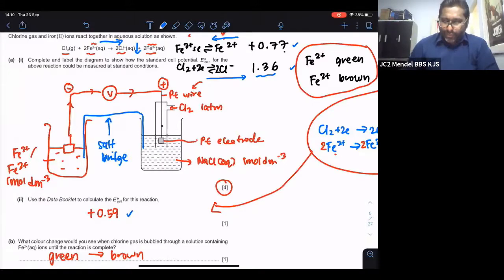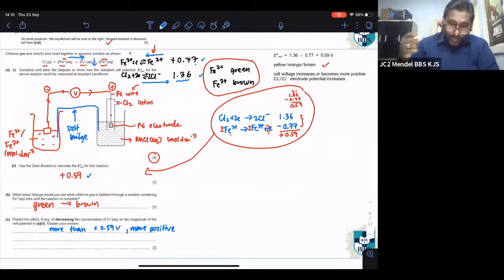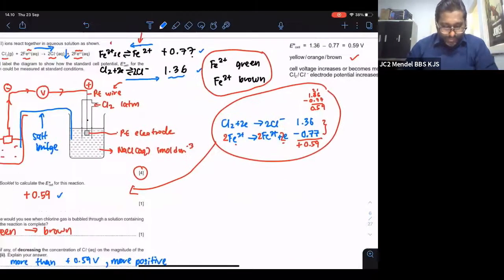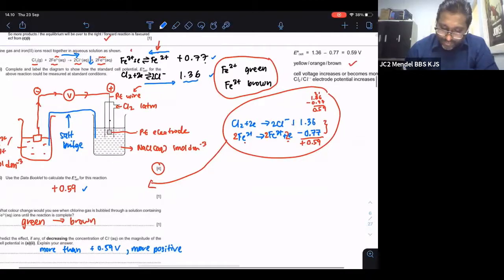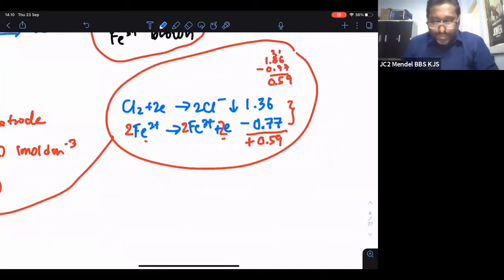But if you are not sure, you want to find out from calculation itself, you also can, because you are going to decrease the Cl minus. If you decrease this, from the equation, what will happen? Of course, the position of the equilibrium will move to increase the Cl minus.